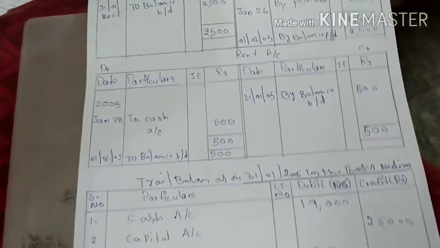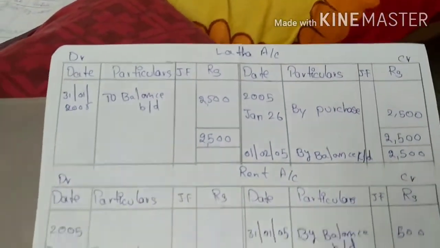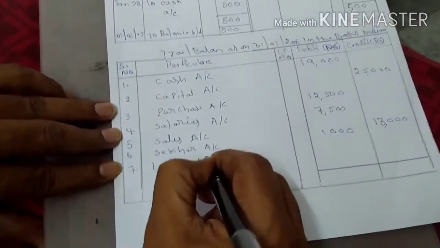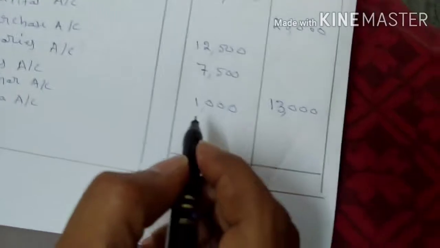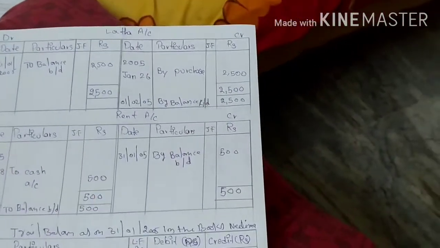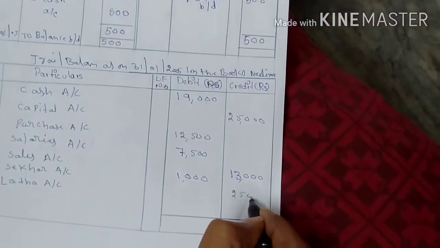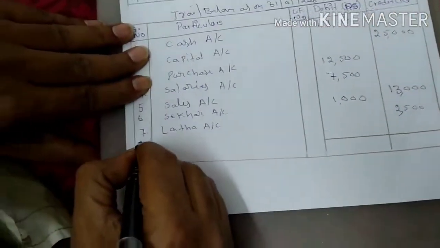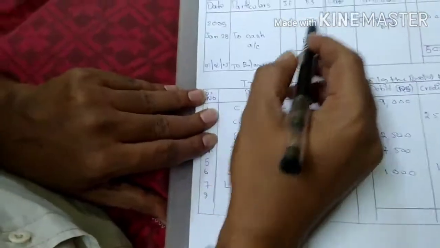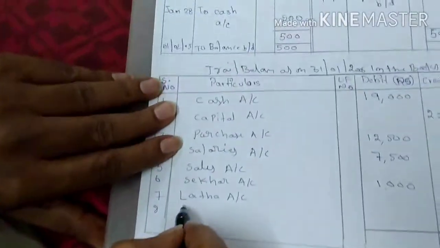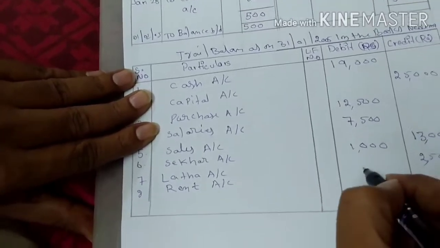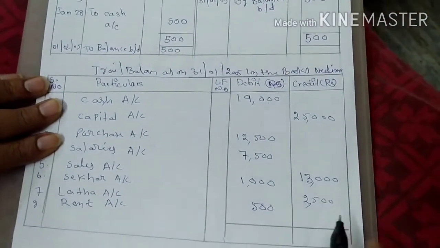Next, the Lata account is there, that is the seventh account, credit side 2,500 rupees. The last, eighth account is the rent account, debit side 500 rupees.